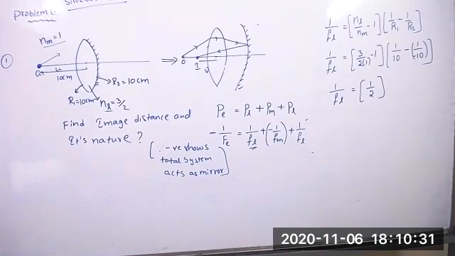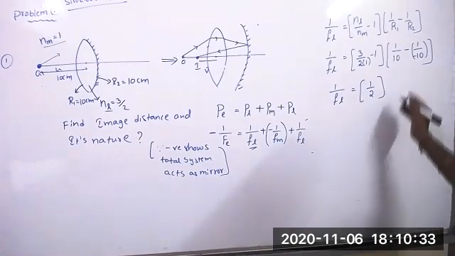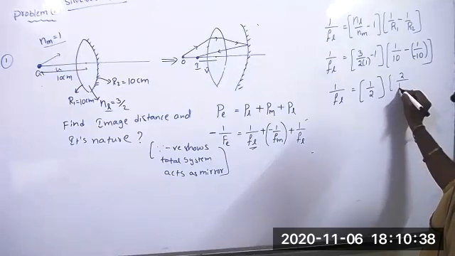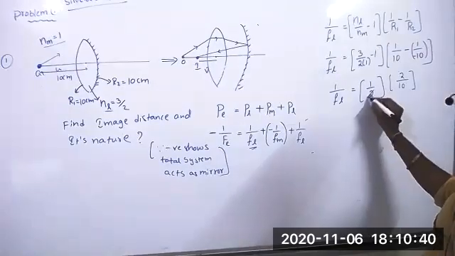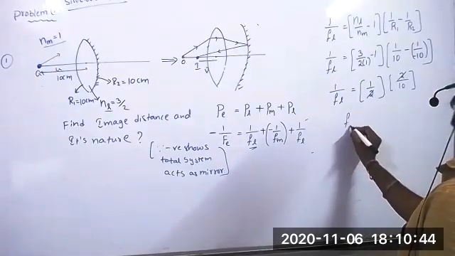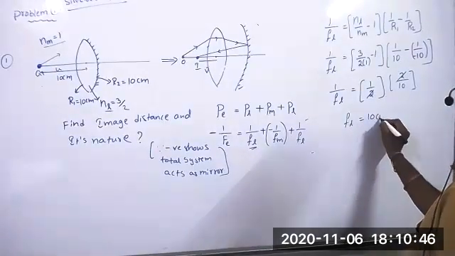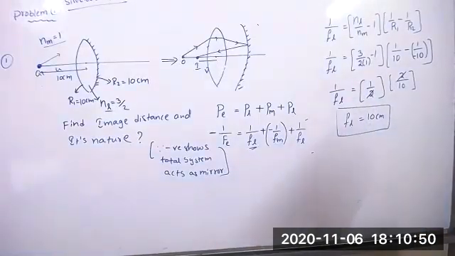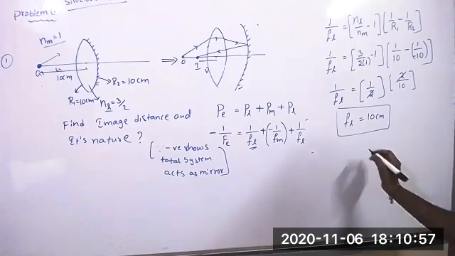And here how much? 2 by 10. 2 by 10. Can I cancel? Yes. So finally I will get FL equal to 10 centimeters. Clear? Okay.